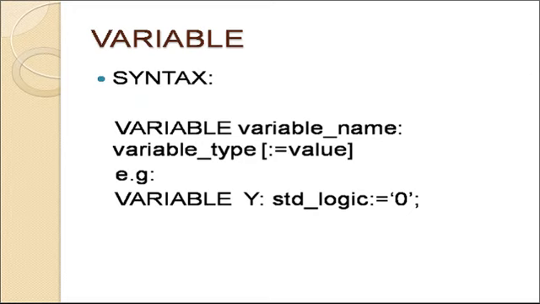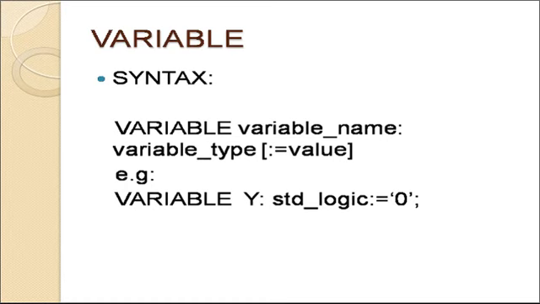Here a variable is declared in the same way as a signal, only the keyword changes. The keyword is variable, then variable name, variable type, and you can assign an initial value for a variable also. Here, for example, we have declared a variable y of type std_logic and its initial value is 0.